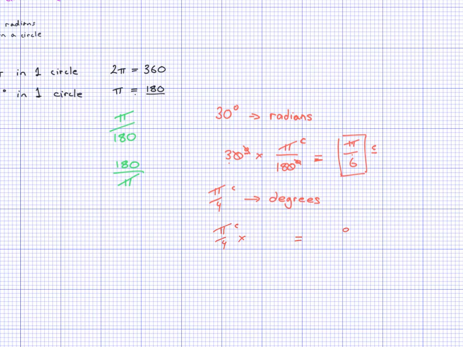Therefore, the radian label has to cancel out, which means it needs to be on the bottom. So the ratio I'm looking for is 180 over pi. You can see here that that radian label will cancel, leaving me with just the degree label. All right, so I've got a pi on top, a pi on bottom. So the pi's are gone. 180 divided by 4 is going to give me 45 degrees.